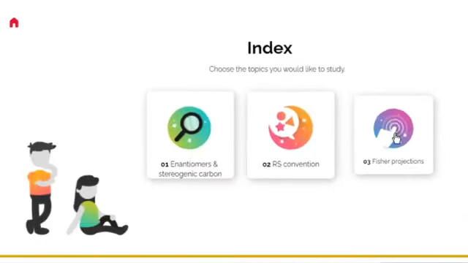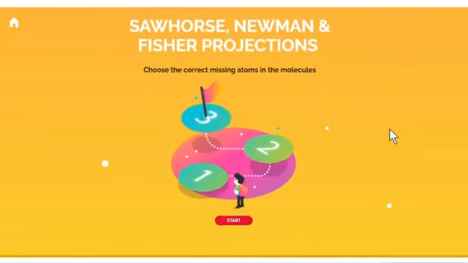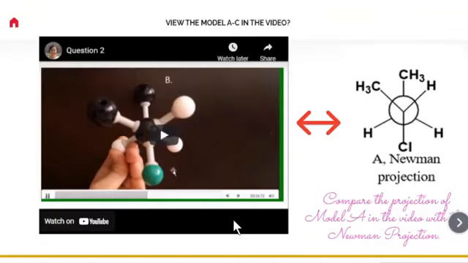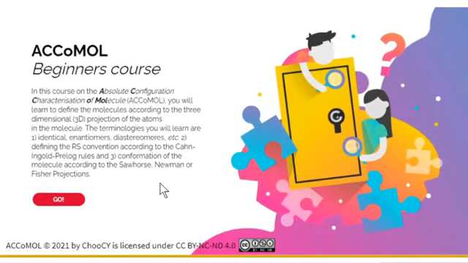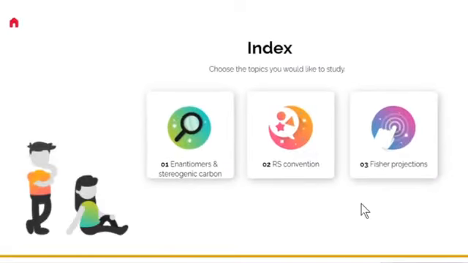And let's say if you want to study about the Fischer projection or Newman or Sawhorse projection, then again you will start here. For the projection, it's pretty straightforward. You look at the video and you assign the atoms or the molecules according to what you see in the video. Then after you have completed that, you can go back to the beginning again, and if you want you can start again. If not, then you can end it.